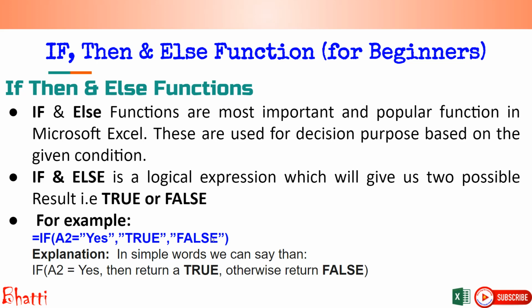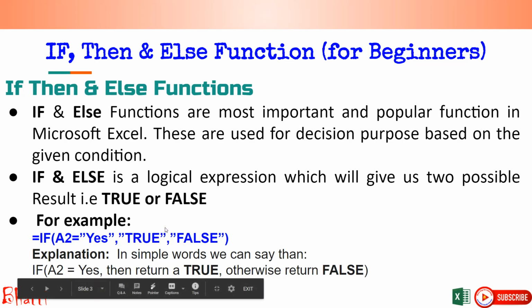So in the example here: if A2 is equal to yes, then true, else false. In simple terms, if A2 is equal to yes, then return true, otherwise return false. This is the explanation of the expression given in the example.